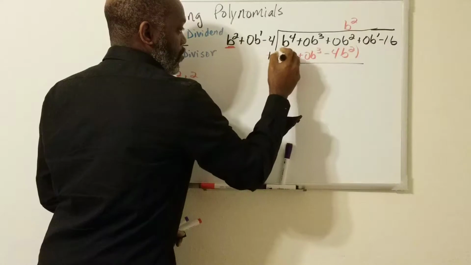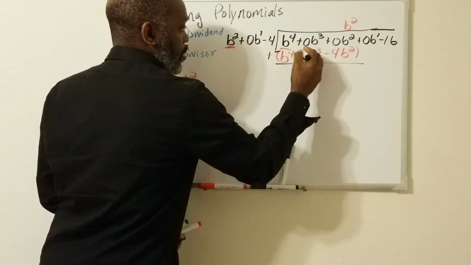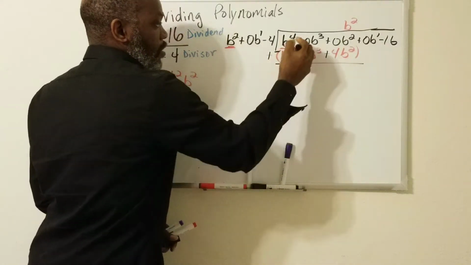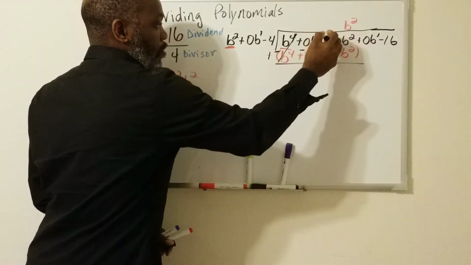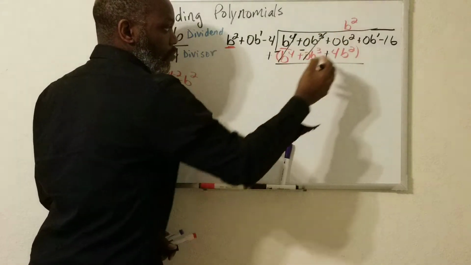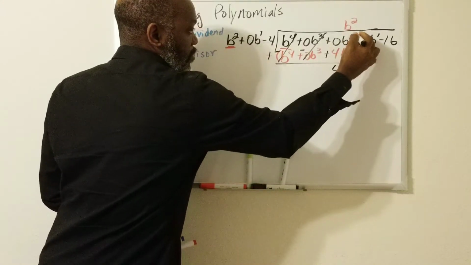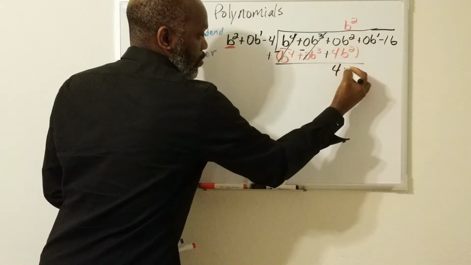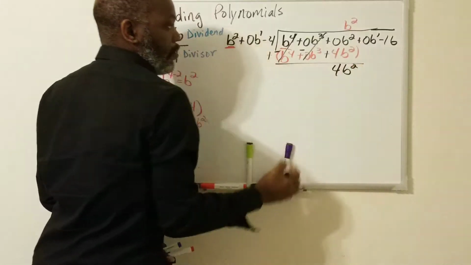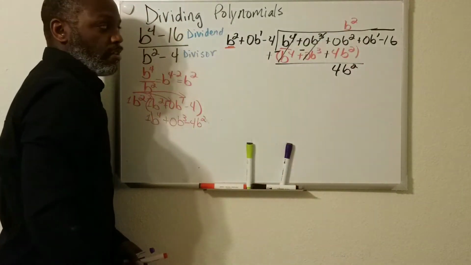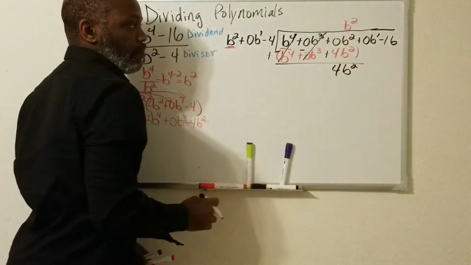This becomes a negative, this becomes a negative, this becomes a positive. These cancel out because they're 0. And then I add 0 plus 4 is 4, and b to the second is going to be b to the second. Because we're adding like terms, the bases stay the same.